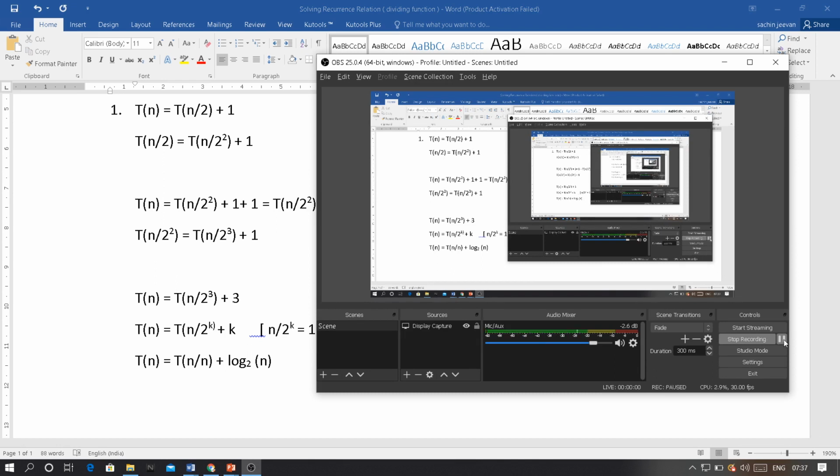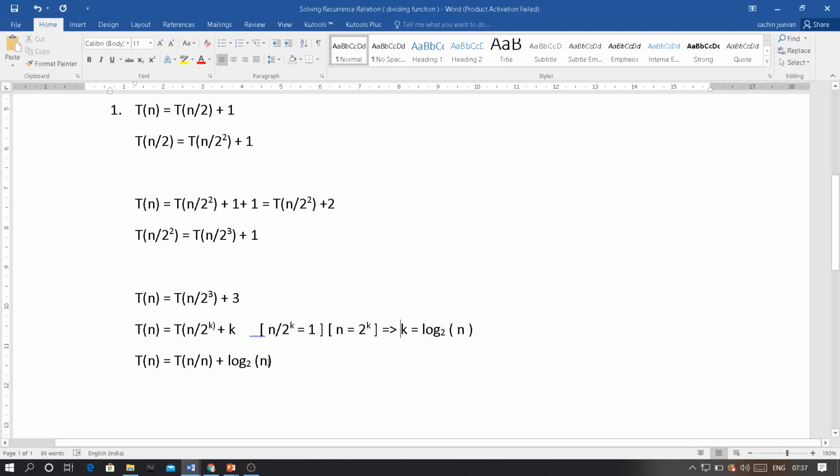So T of n is equal to T of n divided by n plus log base 2 of n.